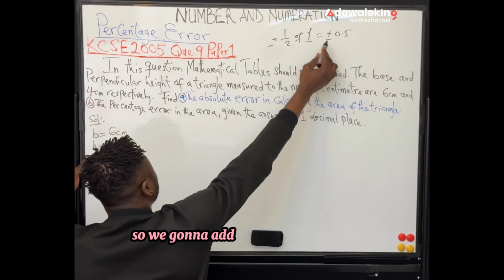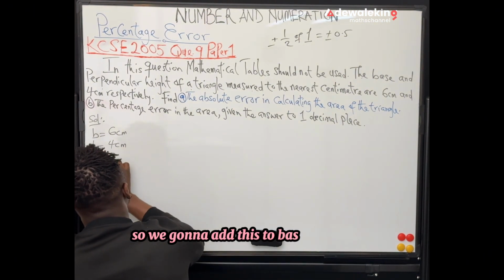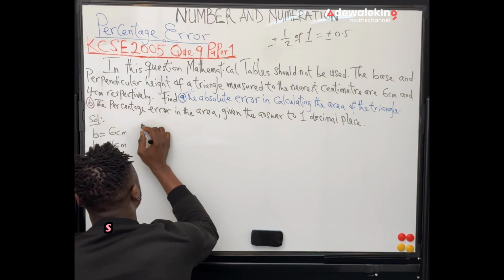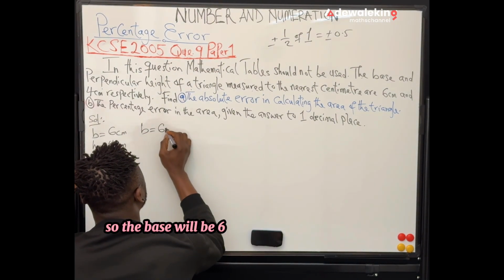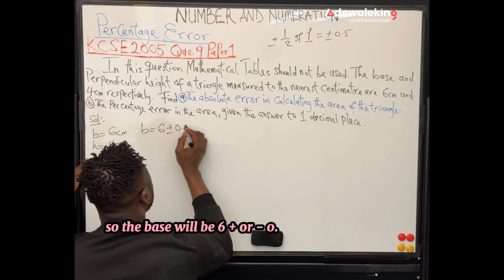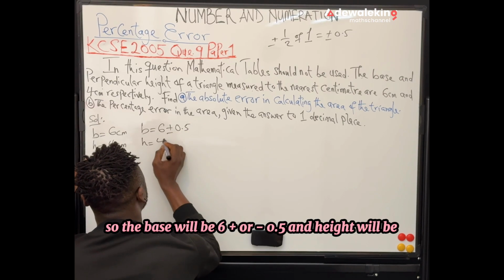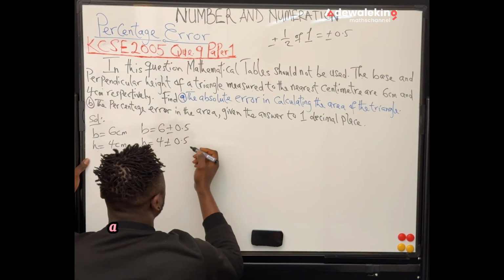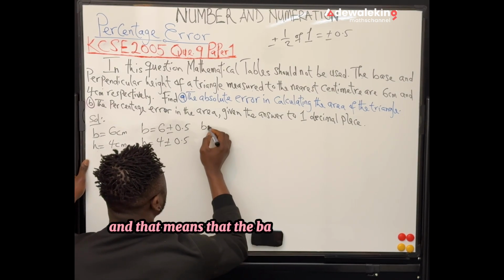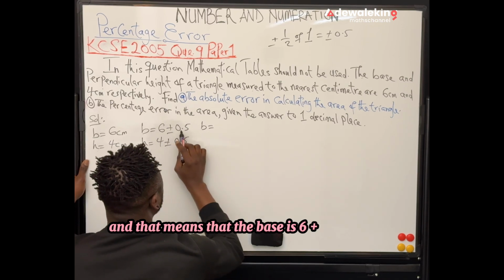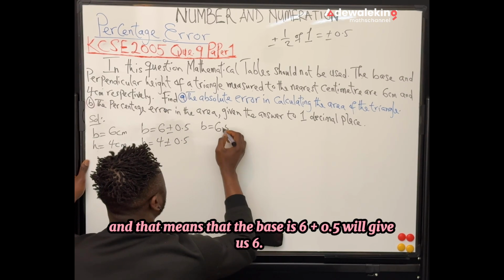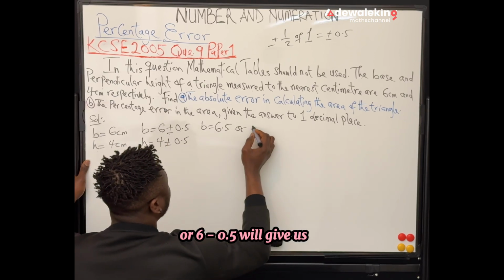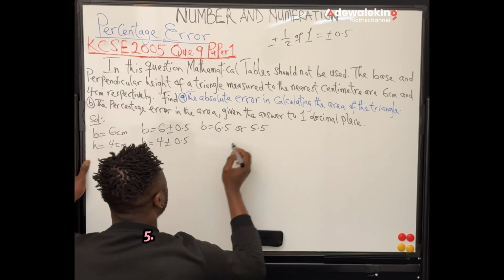So we're going to add this to the base and height because there will be possible error in the base and height. So the base will be 6 plus or minus 0.5 and the height will be 4 plus or minus 0.5. That means the base is 6 plus 0.5, which gives us 6.5, or 6 minus 0.5, which gives us 5.5.